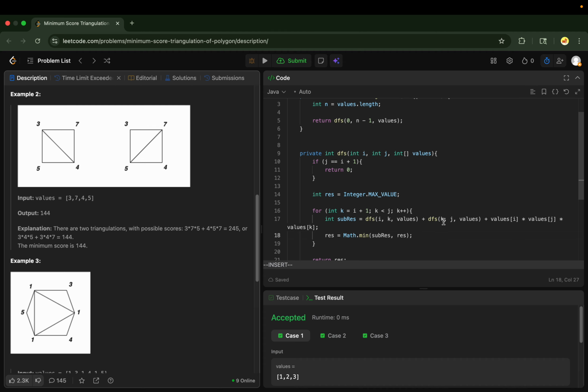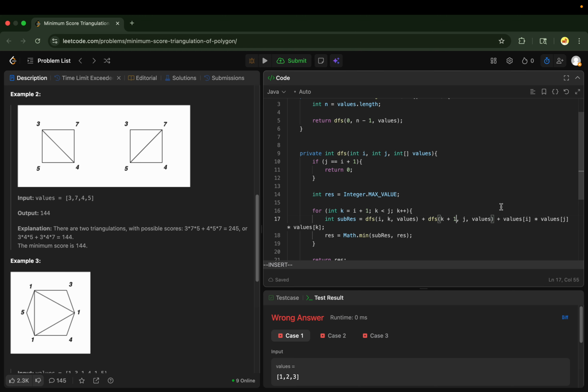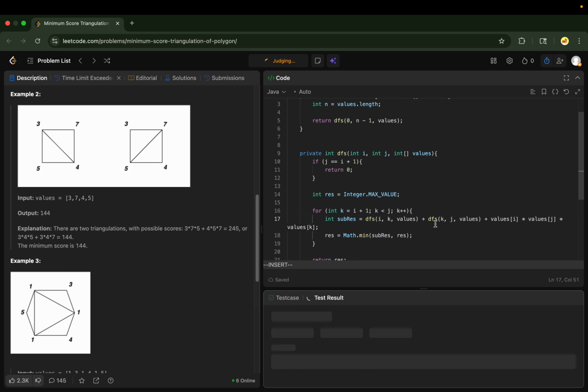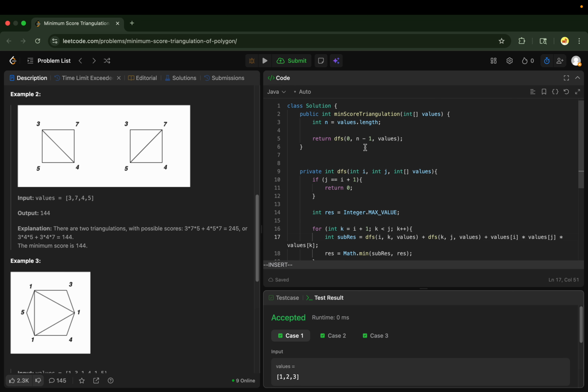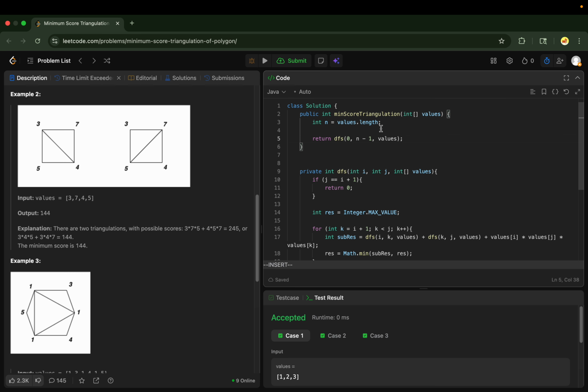But we can check this one. Because k needs to be smaller than j, it will not allow the extra case. And because in this way the tree will have some duplicate work, we can use memoization to store the results.